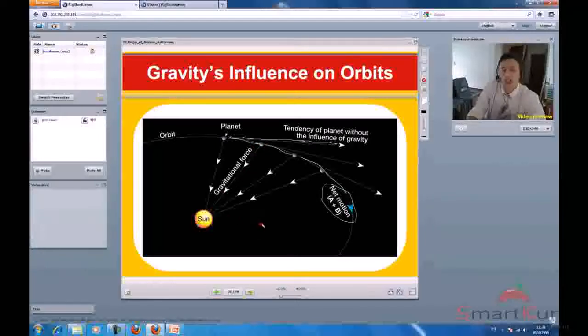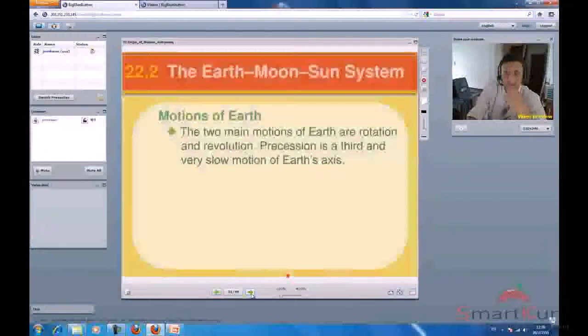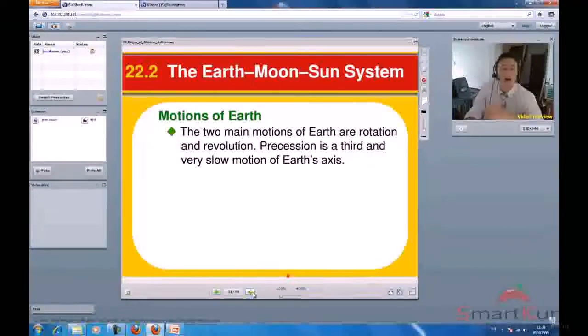So this force here bends that path and then bends it again and again and again, and that's why we have this net motion here of A and B. That's the linear momentum affected by that gravitational force between the planet and the sun. Okay, moving on, 22.2, the Earth, Moon, Sun system.